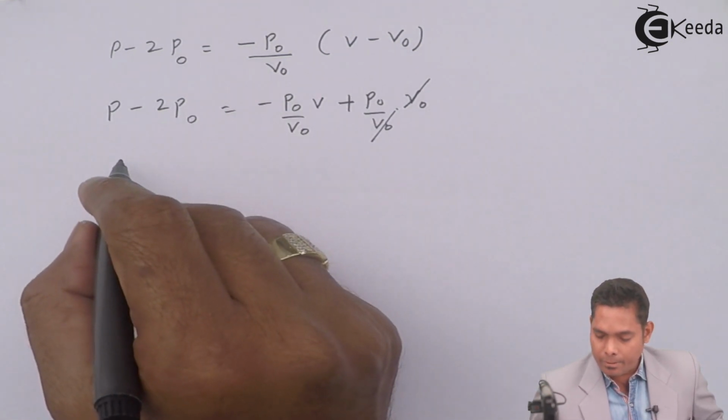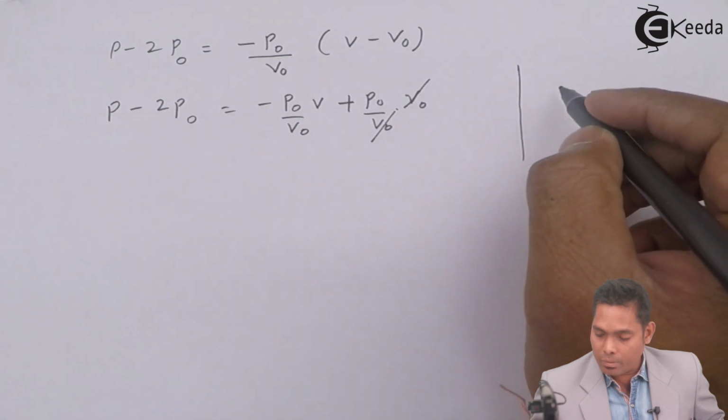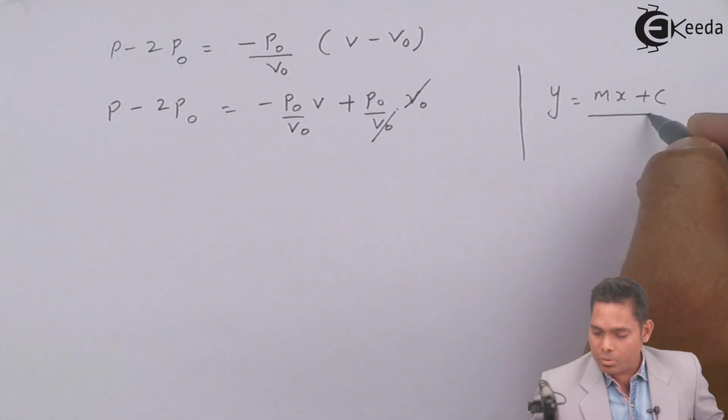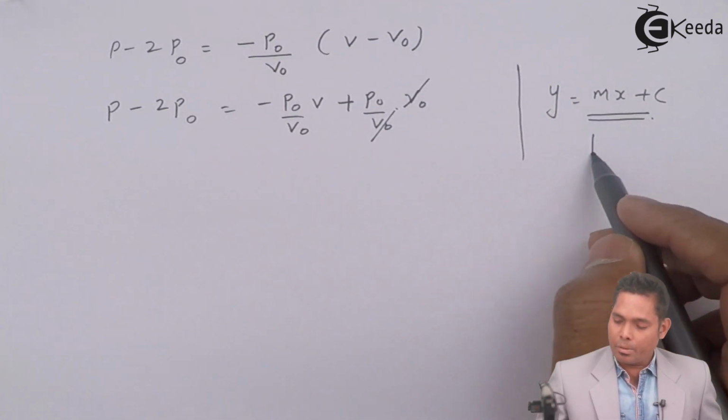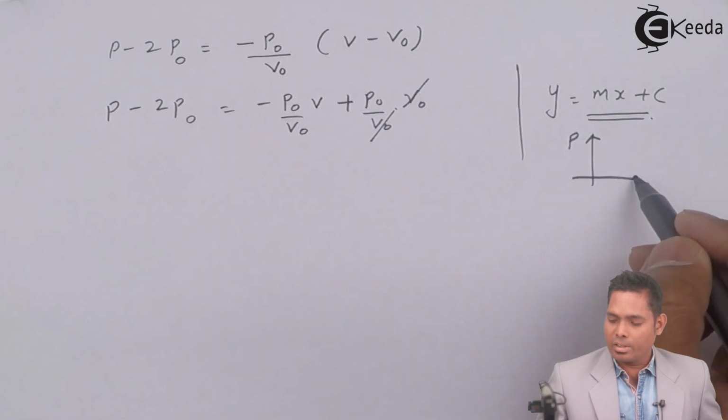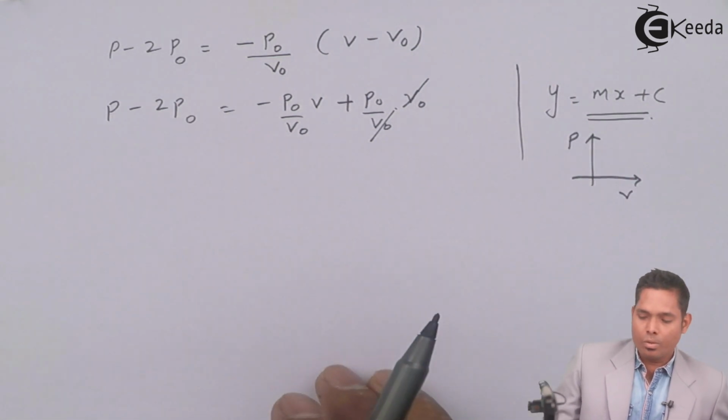I also know that y equals mx plus c, the equation of a straight line. In my y direction I have pressure, and in my x direction I have volume.